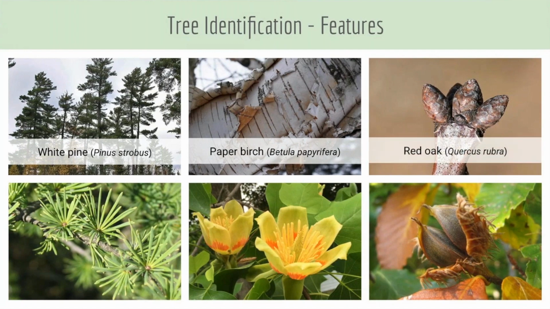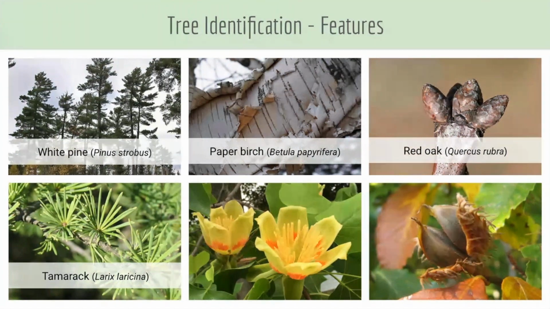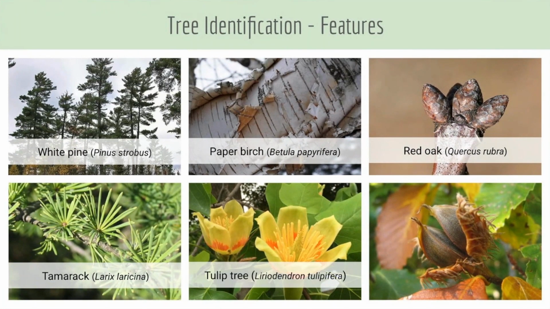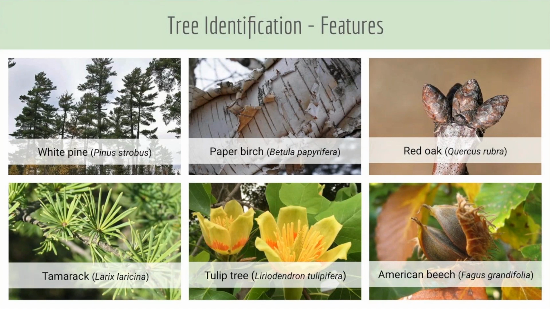For red oak, like other oak species, it has a cluster of terminal buds at the very tip of the branch. Tamarack, a deciduous conifer, will lose its leaves every year. Tulip tree, like its name, has very distinct tulip-like flowers. And American beech has fruit in very spiky husks that will split open to reveal what's inside.